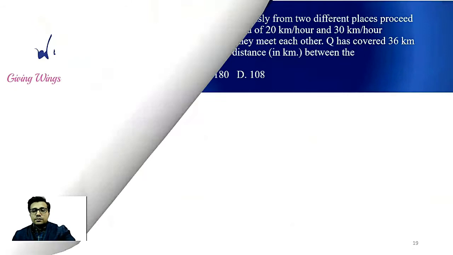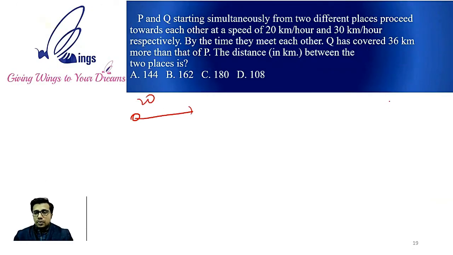Let's move on to the next problem. The speeds are 20 and 30. By the time they meet each other, Q has covered 36 km more than P. Okay. They started simultaneously, right? So they're starting at the same time, and when they meet each other, they're reaching there at the same time, isn't it? Starting time same, ending time same.